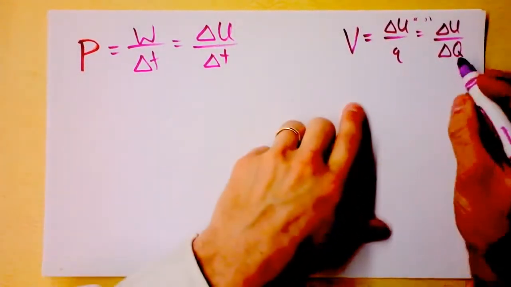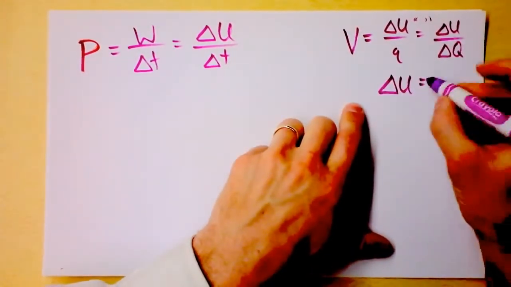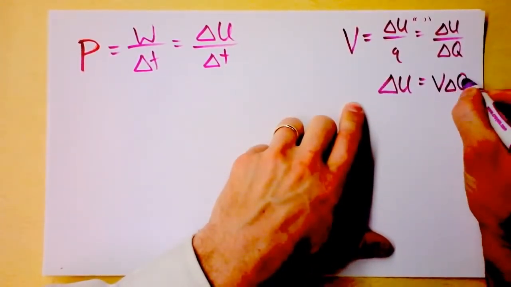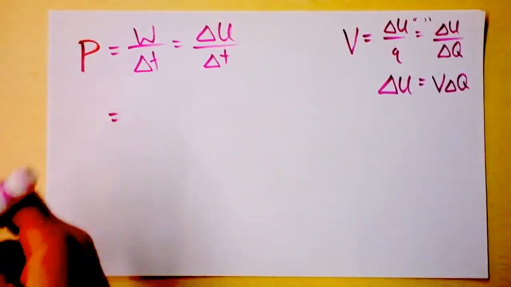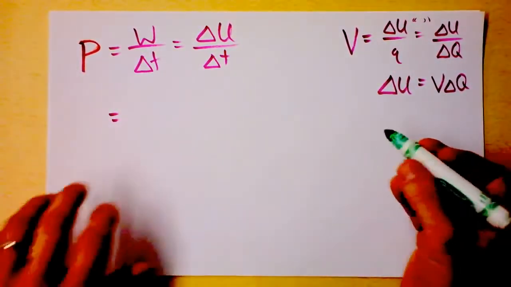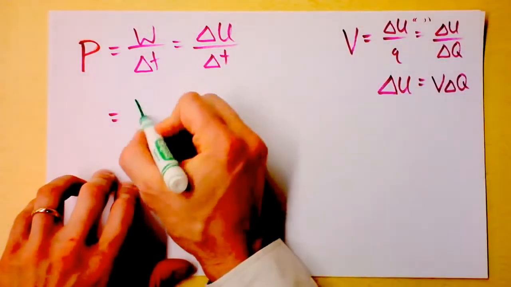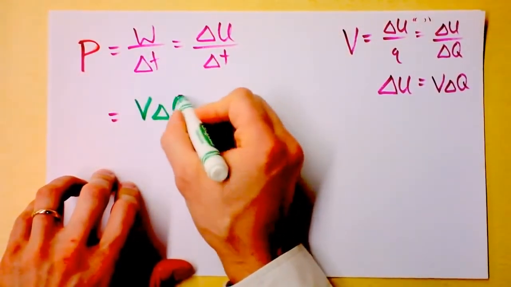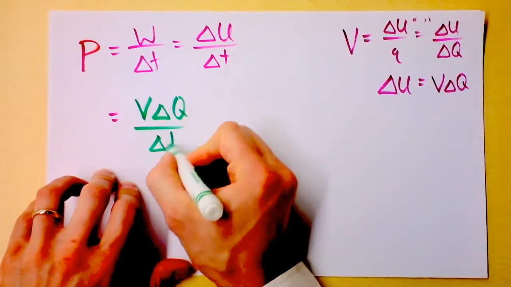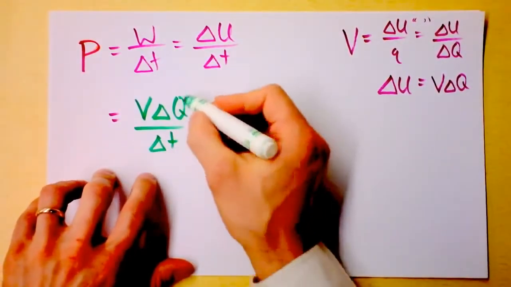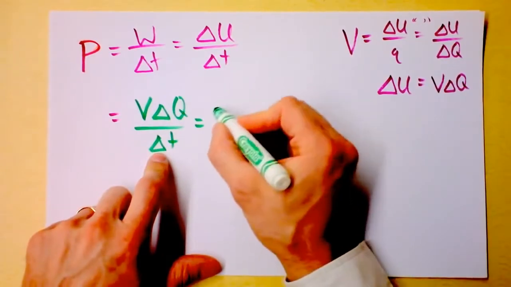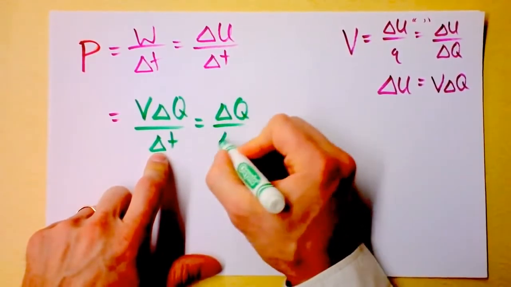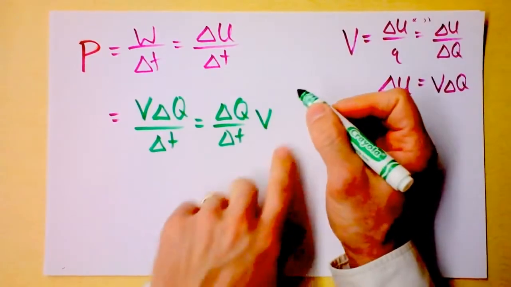I'm going to take this over here, solve it for delta U, and say that it's voltage times change in charge. I'm going to plug it into this equation over here. I get voltage times change in charge divided by change in time. But you see here, delta Q over delta T, which is current, and I'm going to multiply it by voltage.